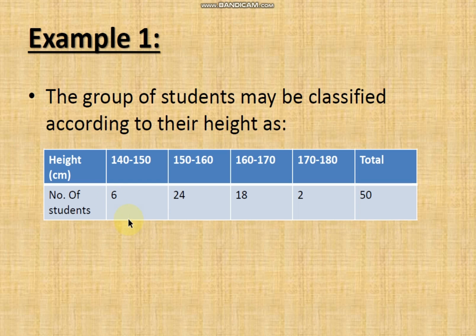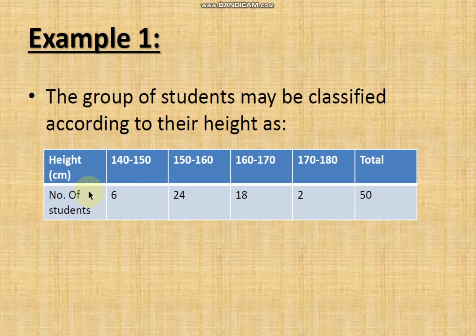Look at this example here, height. The minimum height, the smallest height in this group of 50 students is 140 centimeter, and the largest is 180 centimeter. This has been categorized into a number of groups. Height here is the variable. The variable values differ between 140 and 180.